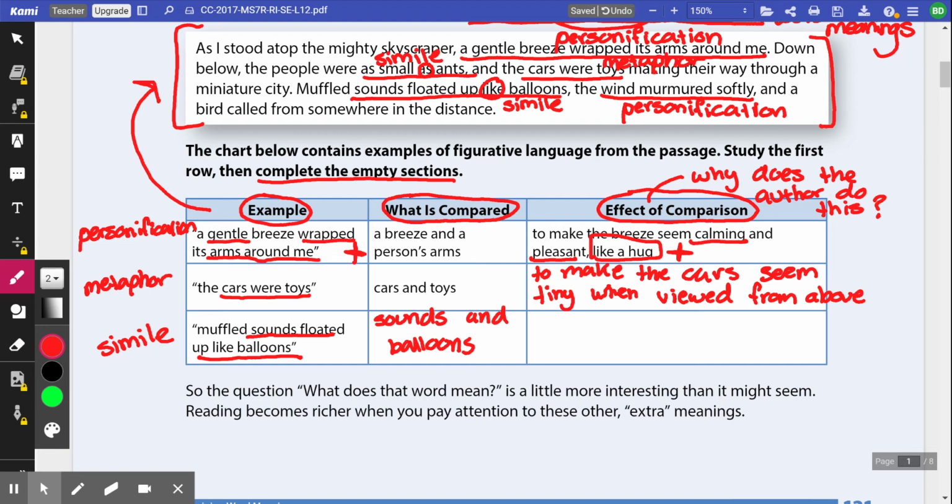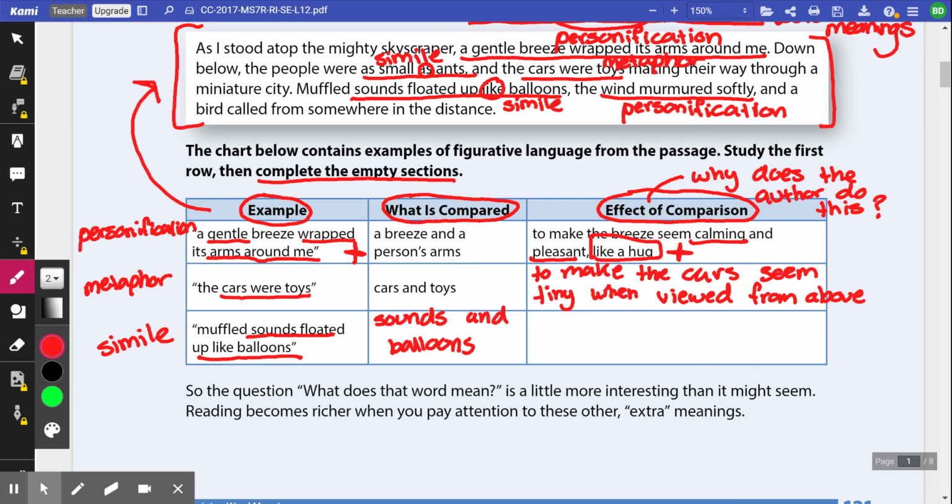So now we have to think of the effect of the comparison. Why do you think the author used this simile? Why did they compare muffled sounds to balloons? Well, it's to make the sounds seem quiet, soft, or even delicate. So when you think about a balloon, what do you think about? Usually balloons can be pretty delicate, right?